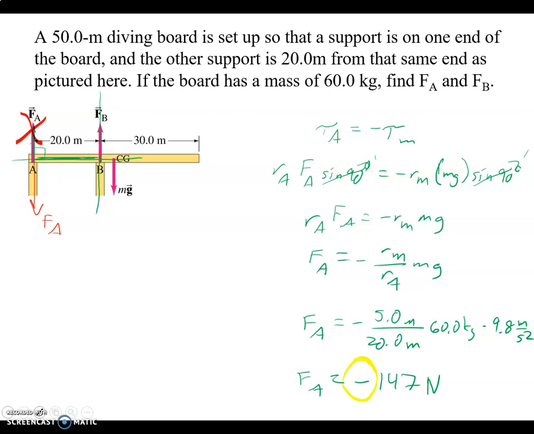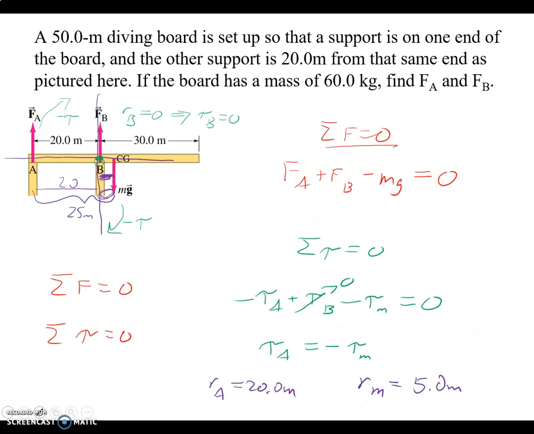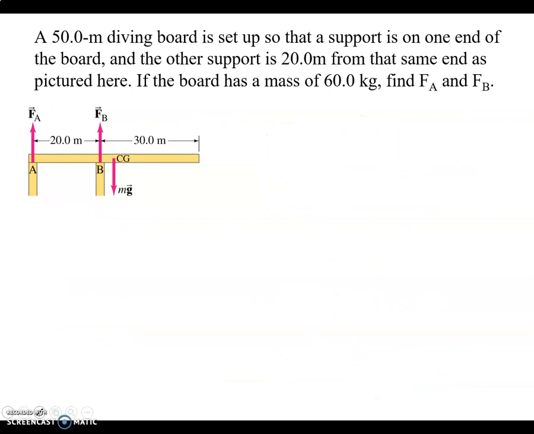Okay, well that's force A. Well, what about force B? Remember back here, we did the sum of the forces equations in the top right over here. Well, we know FA now, so we can solve for FB using that same equation. So that was FA plus FB minus mg has to equal 0. So FB then has to equal mg minus FA, just solving for FB.